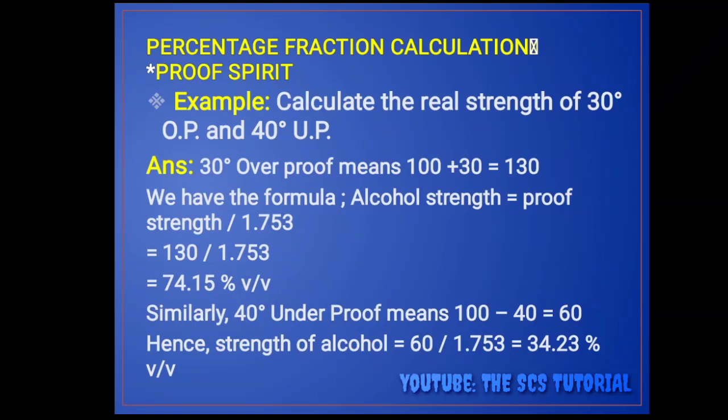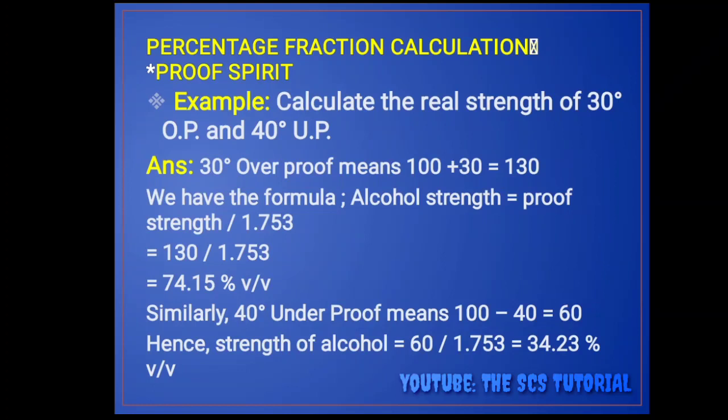Similarly, calculate the real strength of 30% overproof and 40% underproof. Here the terms are given in proof strength, we need to convert them into volume in volume terms. So 30 degree overproof means 100 plus 30, that is equal to 130. We have the formula that alcohol strength is equal to proof strength by 1.753, that is equal to 130 by 1.753, that is equal to 74.15% volume by volume.